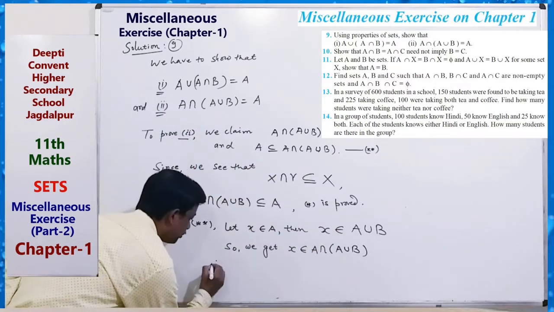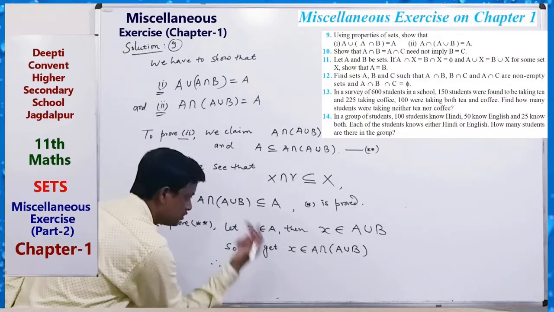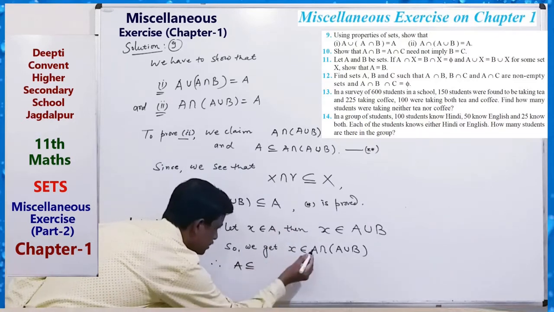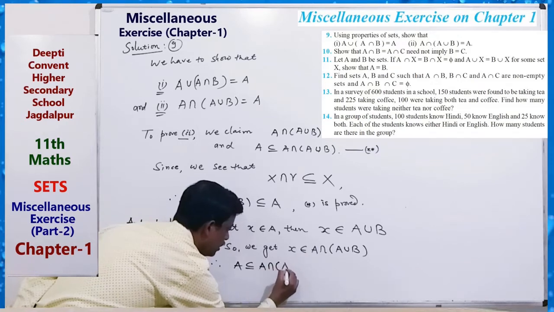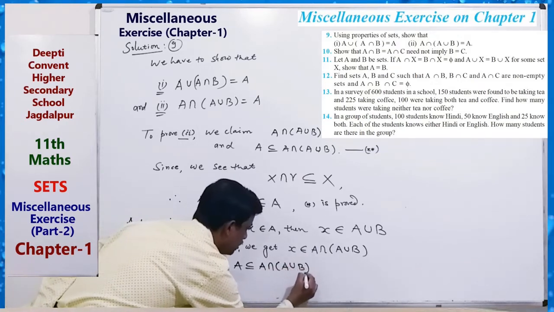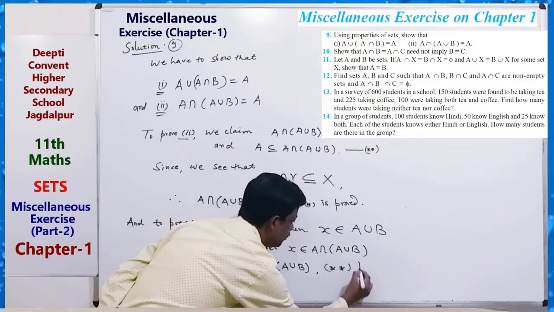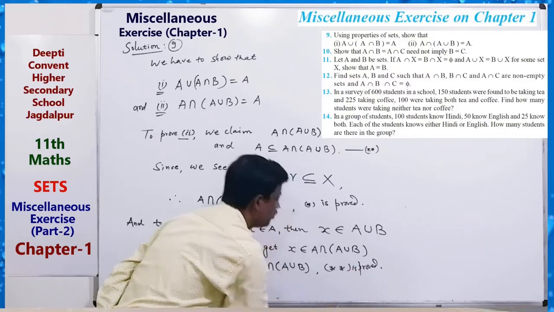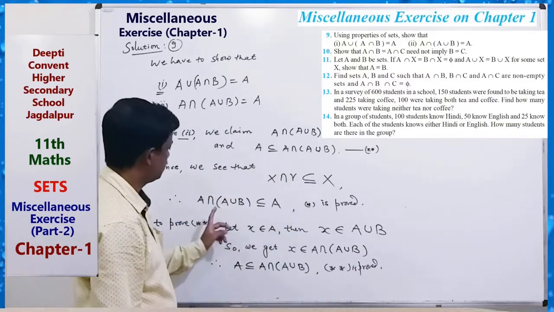Therefore, A is a subset of A intersection A union B. That is proved. Here this subset this.